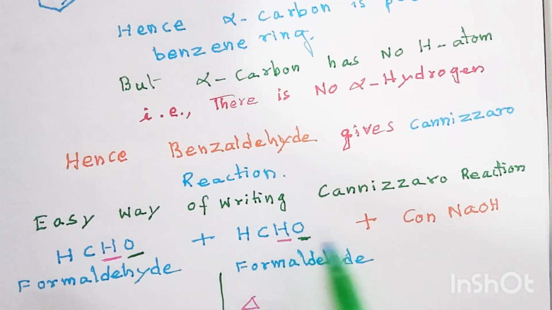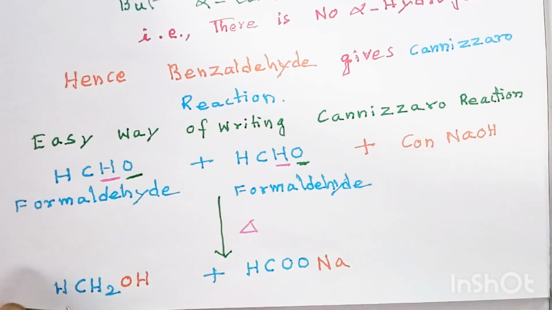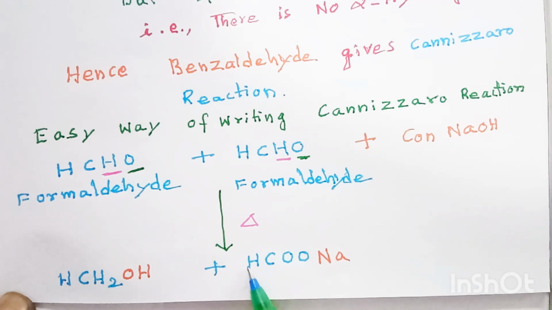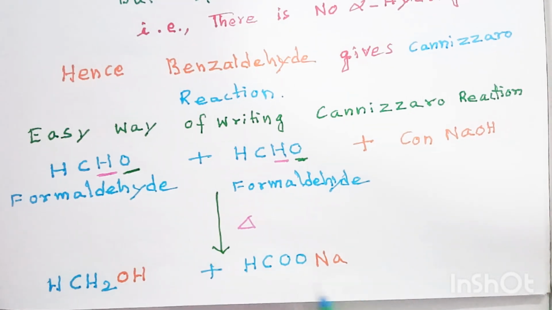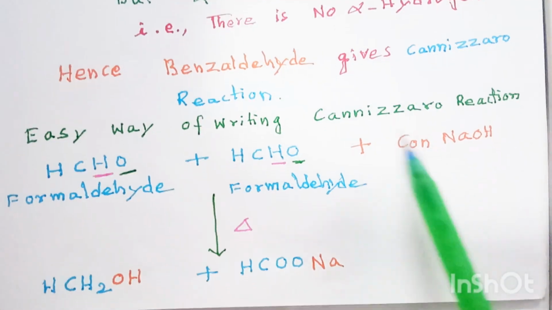HCHO plus HCHO plus concentrated NaOH on being heated will give CH3OH, methanol, which I have written as HCH2OH. Then HCOONa, sodium formate, which is a carboxylic acid salt. This is the oxidative product. This is the reductive product. This is the easiest way of writing Cannizzaro reaction.